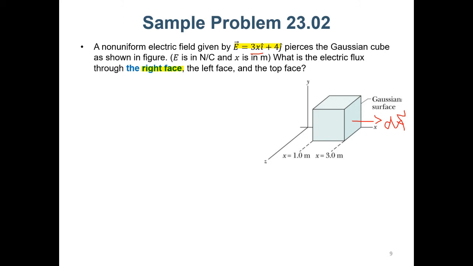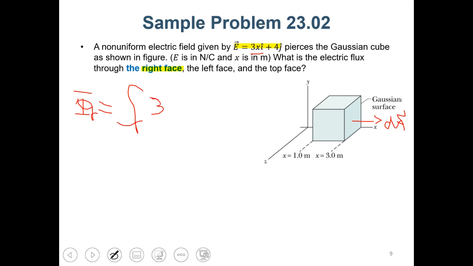So for this case, on the right face, dA is on the x-axis. So we only consider the x component of the E field, which means that phi r is integrating E, and E is 3x.